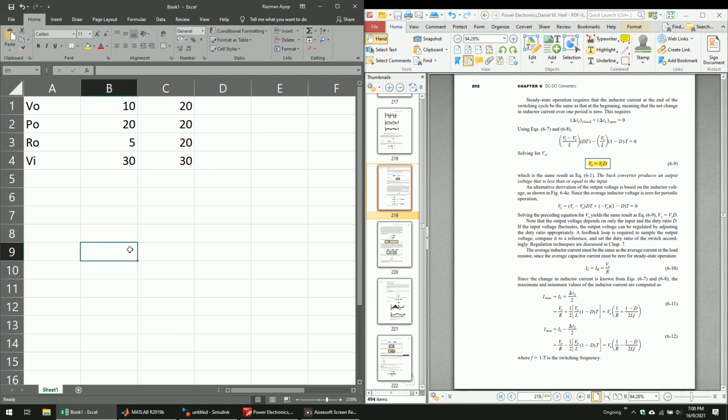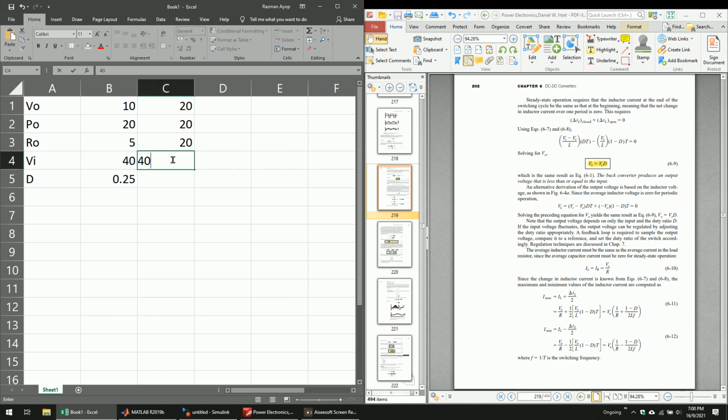So how to determine the duty cycle? The duty cycle is V out divided by V in. So you get 0.33; maybe 40 is easier.